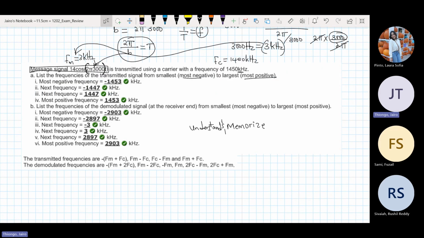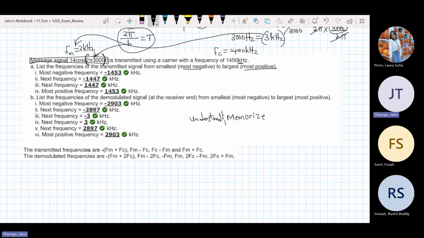Then you need an understanding of what the transmitted frequencies are and what the demodulated frequencies are, based on what the question is asking. So the transmitted frequencies are this right here. This formula might be worth writing down somewhere and looking at multiple times. And then the demodulated frequencies are this here.